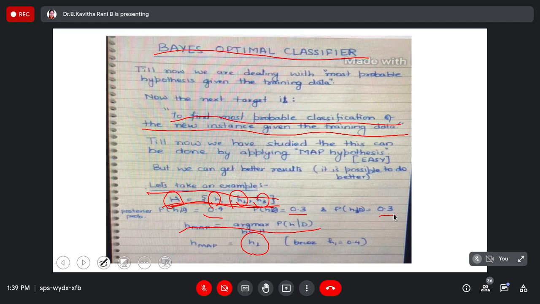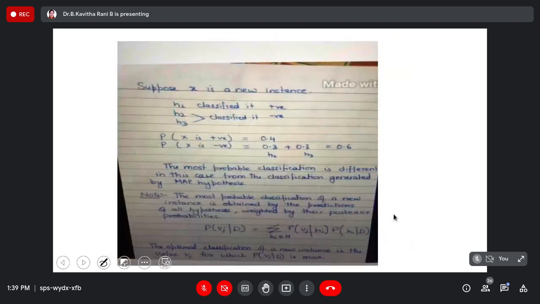But we are considering H1. The task is that the instances, whatever instances are there, should be divided into 2 classes. What are those 2 classes? That is positive and negative.